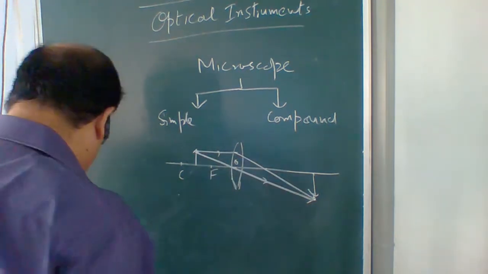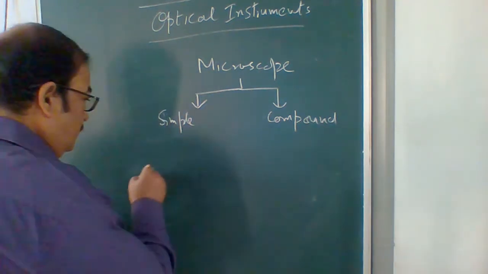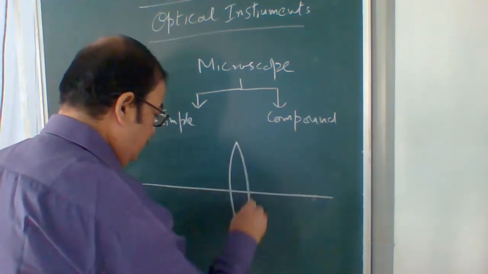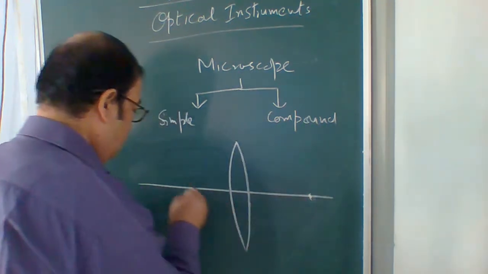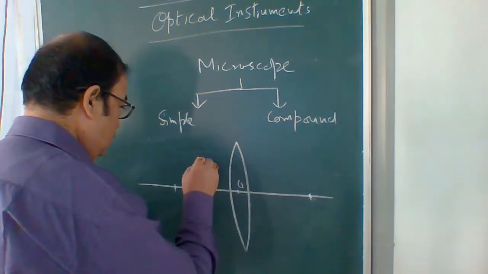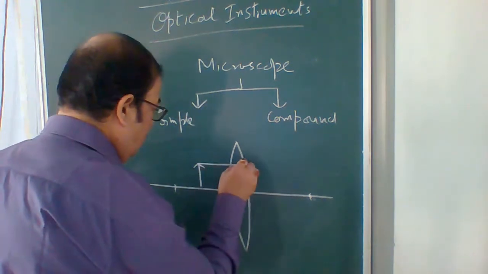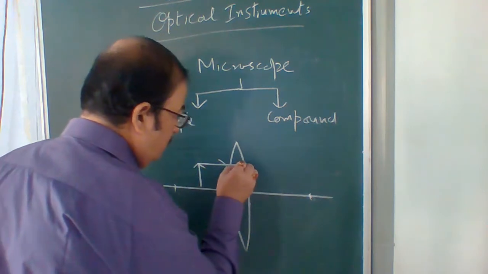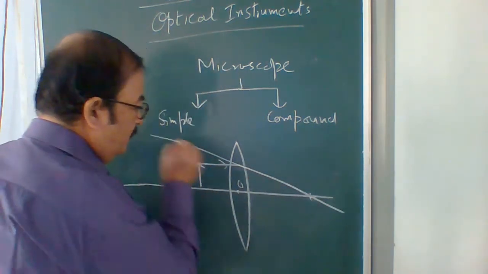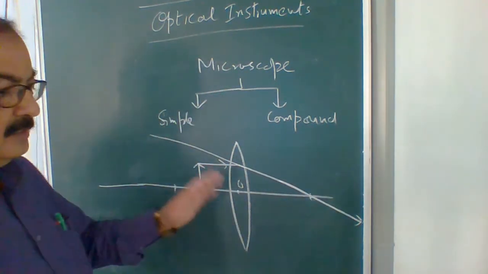The same way, suppose we have a convex lens and this is the focus. The object is placed between optical center and focus. Then after refraction, one ray passes through the focus and we produce that line in the backward direction.